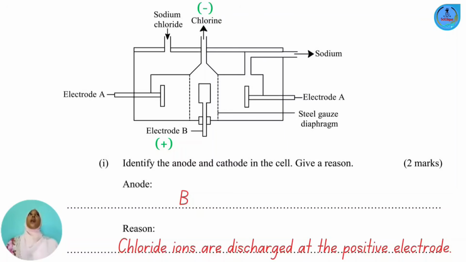In electrolysis, you are going to have the ions migrating, two sets of ions, the positively charged and the negatively charged. The negatively charged chloride ions are attracted to the positive electrode, which is our anode, so they are going to be discharged at this point. You see the chlorine gas is immediately released just above where the anode is.